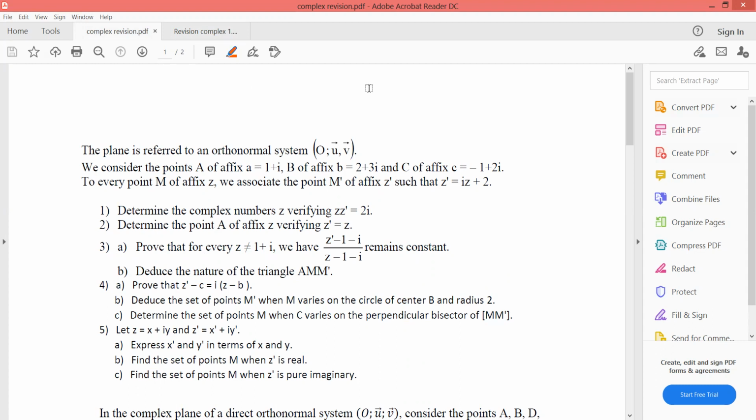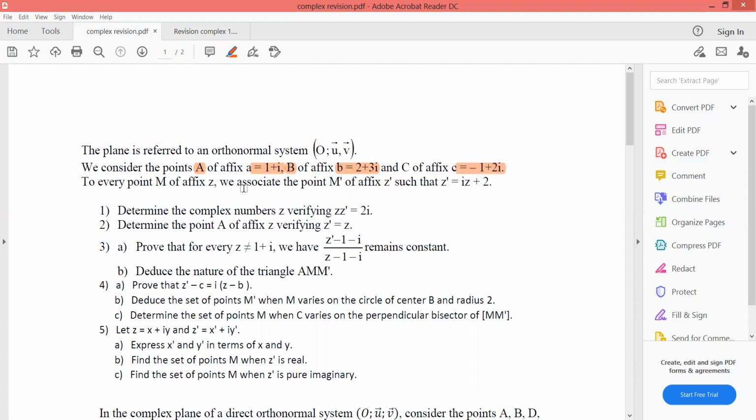So the plane is referred to an orthonormal system. Consider the points A: 1 plus i, B: 2 plus 3i, and C equal minus 1 plus 2i.